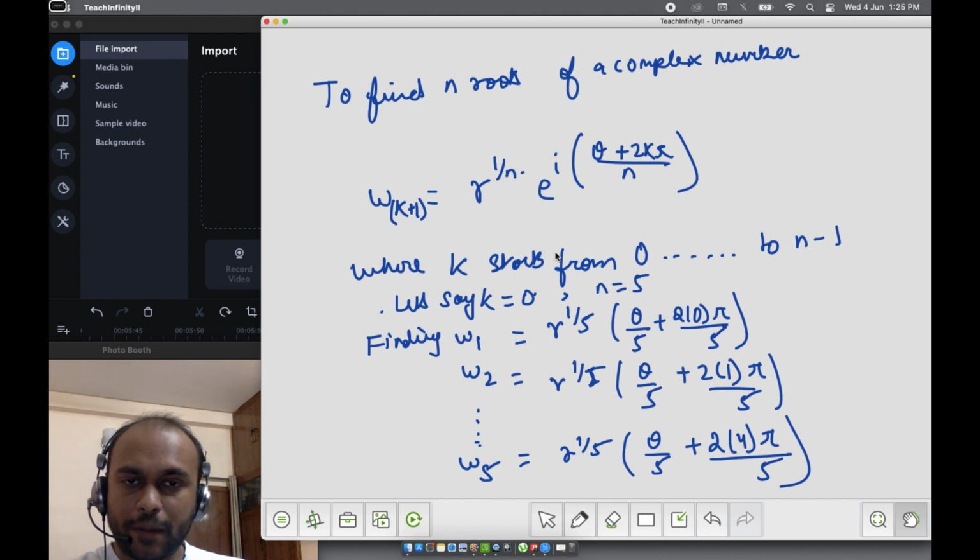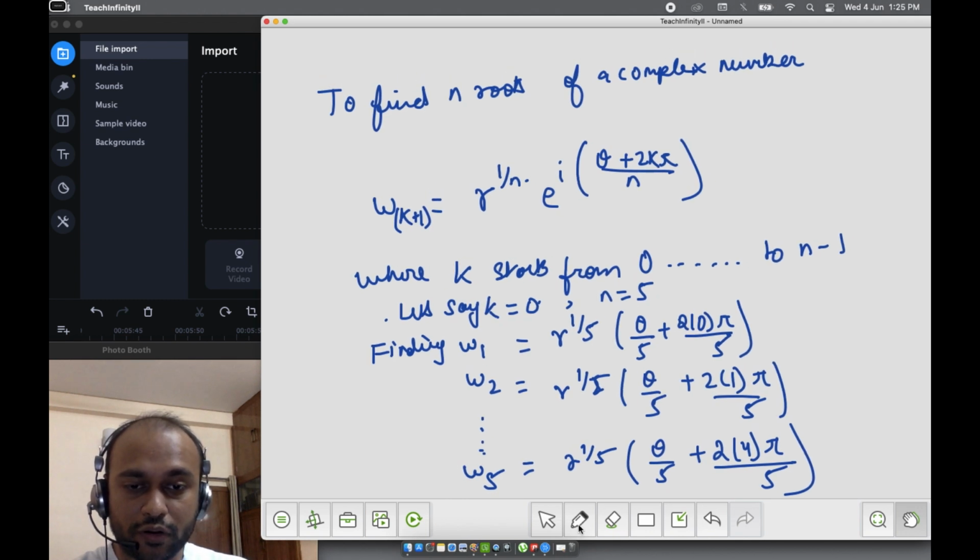And applying the formula, we have W1 equals r to the power 1 by 5 times theta by 5. Don't forget, this is all e to the power i times all of this. We are writing it in Euler's form because it's a little shorter. So theta by 5 plus 2 times 0 times pi by 5.